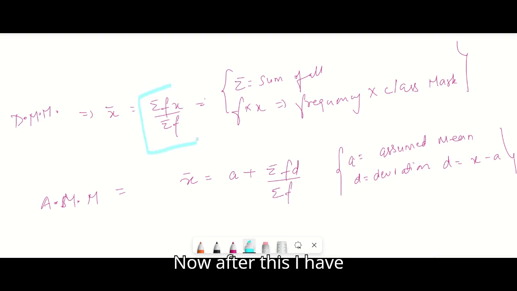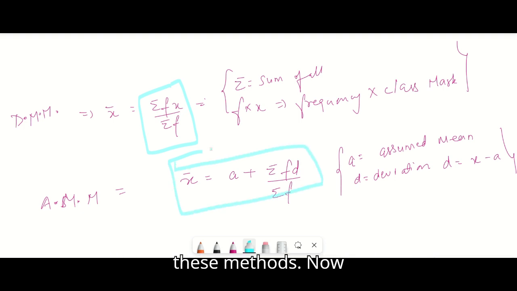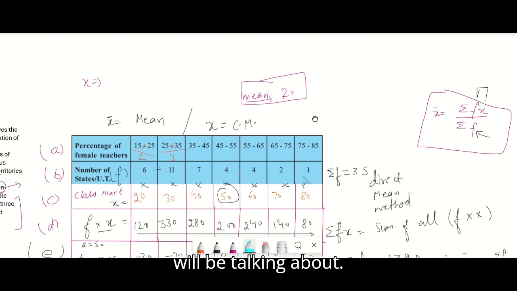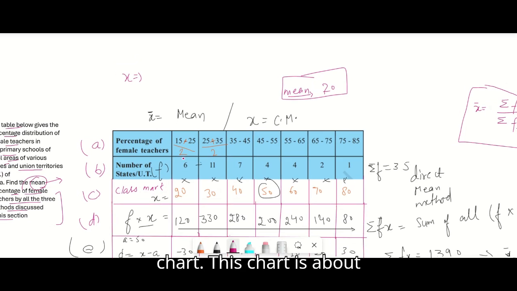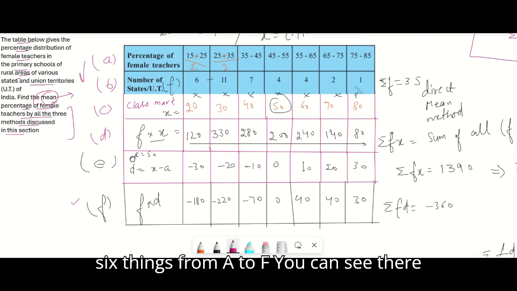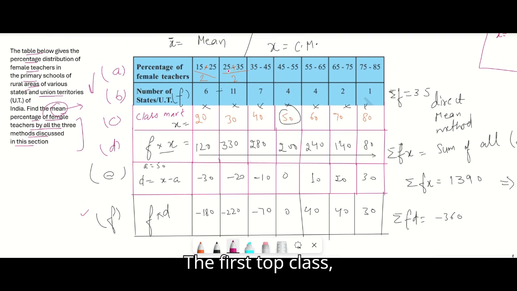Now I have highlighted the formulas for both of these methods. Let us get back to the data. Here on your screen there is one chart. The first top class, 15 to 25, 25 to 35, is called class.